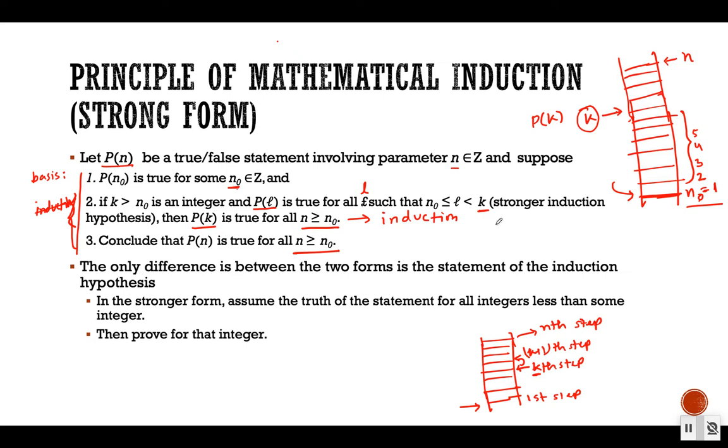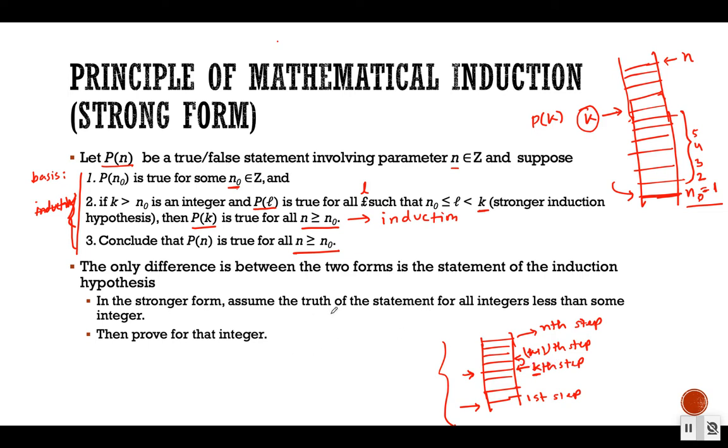That's actually a much stronger form. The only difference is that in the stronger form, we have to assume the truth of the statement for all integers less than some integer, and then prove it for that integer. In the weak form, we just assumed some step is true, and if the step is true, then the next step is true.